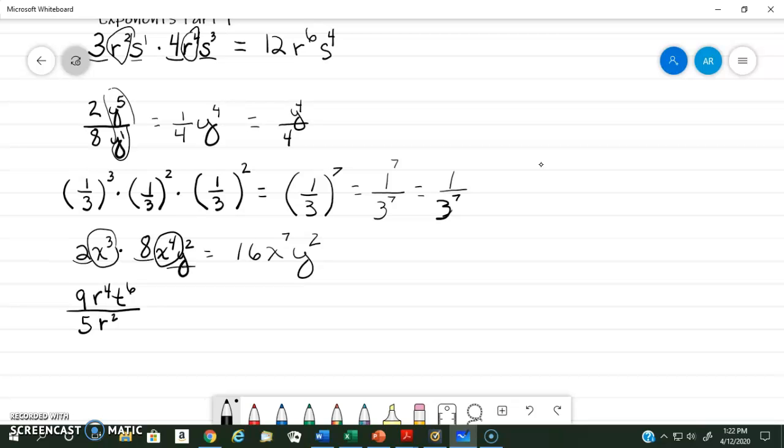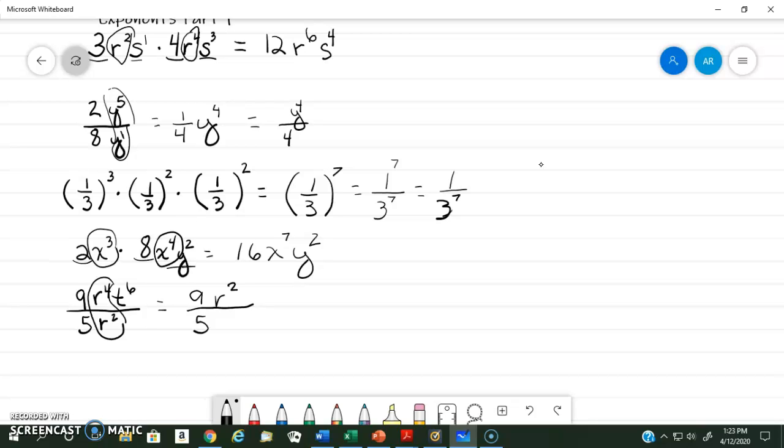And now our final problem has a similar thing where I don't have a match with some of the bases. I look at 9/5, and 9/5 is already simplified. Then I'm going to take my r's, and I'm going to remember that I subtract the numerator exponent minus the denominator, so I get 4 minus 2 is 2.